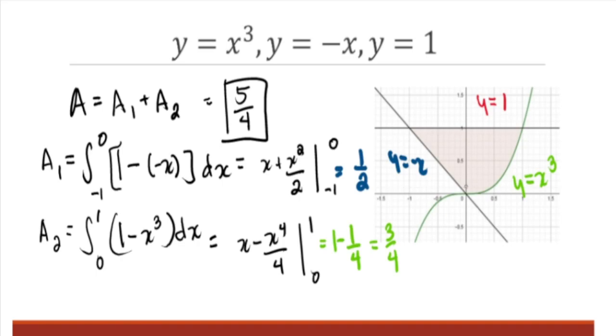So with horizontal rectangles, more or less, it always looks like this. It is always y equals x cubed in this part, and y equals negative x in this part.